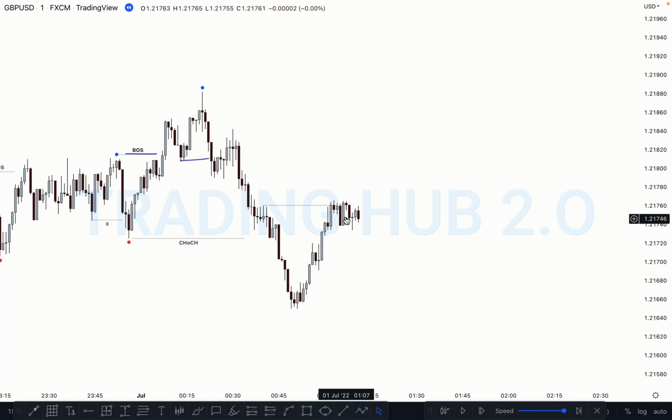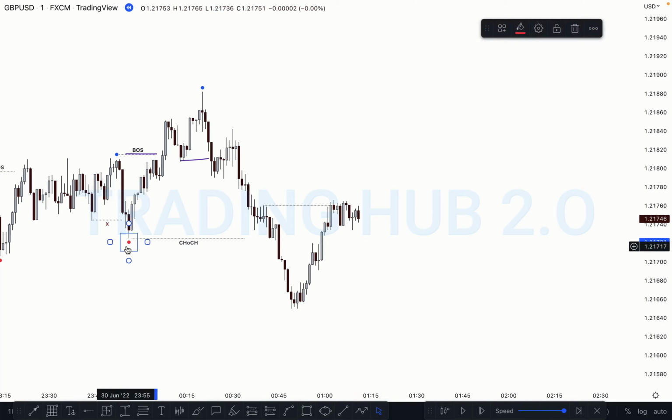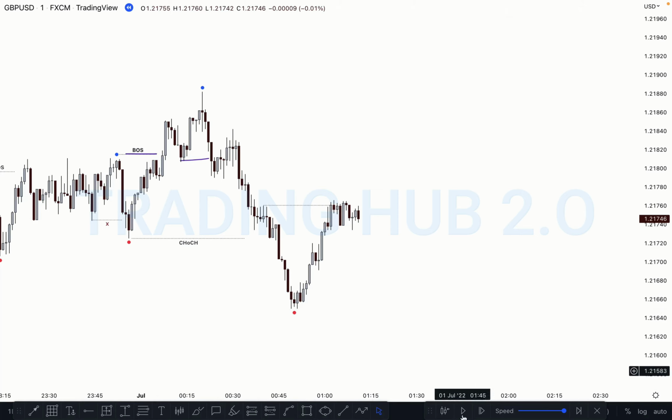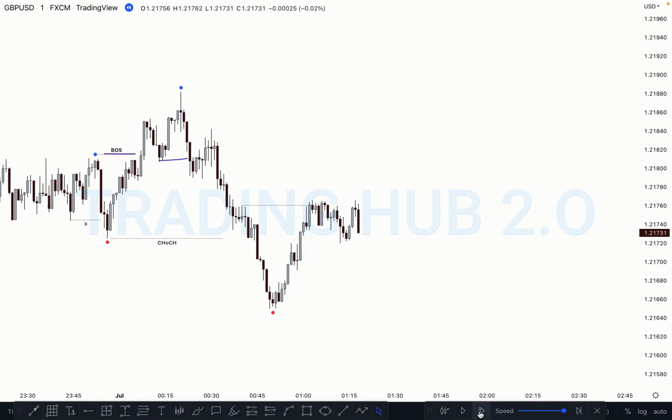Okay, there is no need to wait for the closing. Just sweep the high, and it is valid, it becomes a lower low, right? So I will wait for it. In this case, as you can see, price already swept this high, so this is a lower low, right? Let's see what happened next.